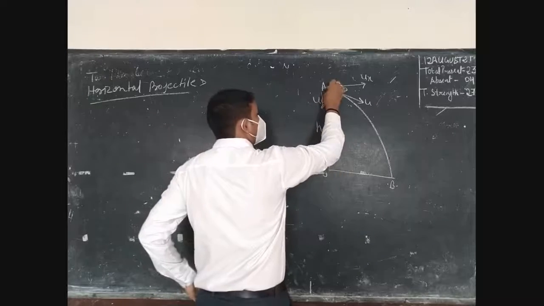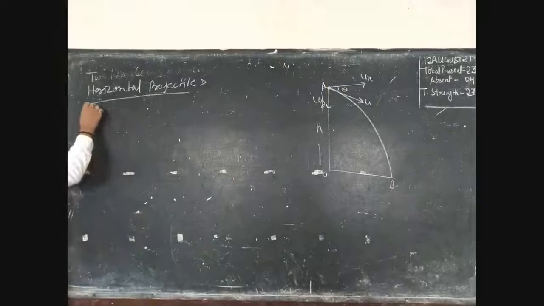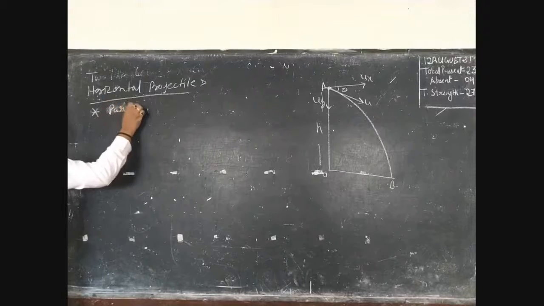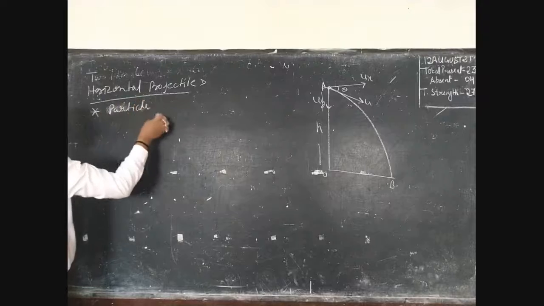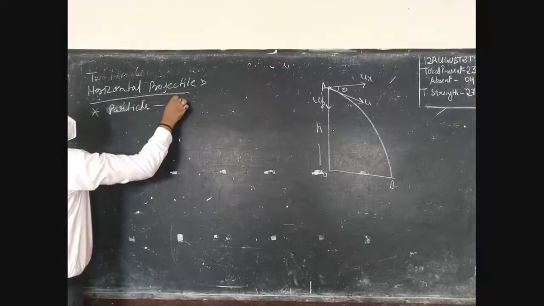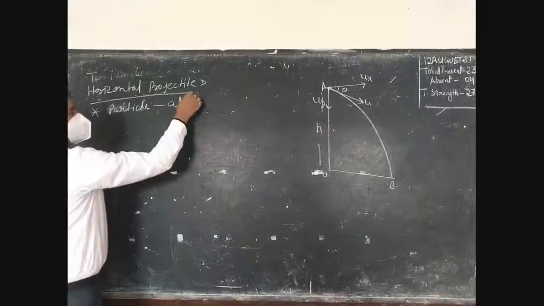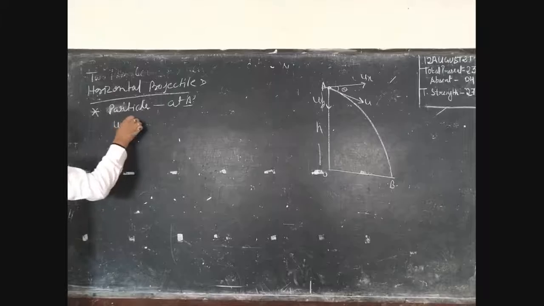Here, when the particle is at A, what things does it have? So the answer is uy is 0.